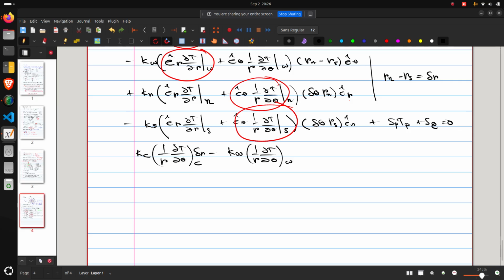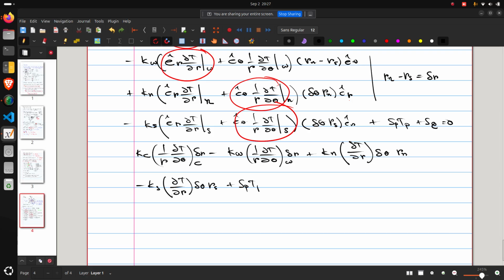So delta R plus Kn dou T by dou R del theta Rn minus K south dou T by dou R del theta R south plus SPTP plus SC equal to 0.